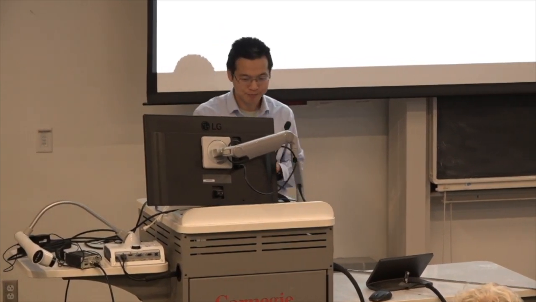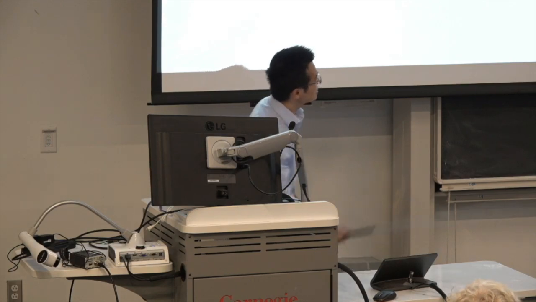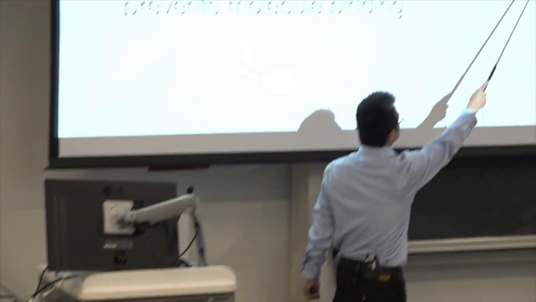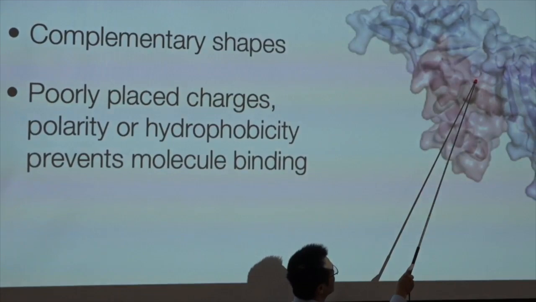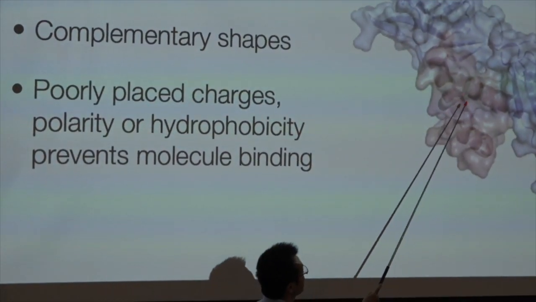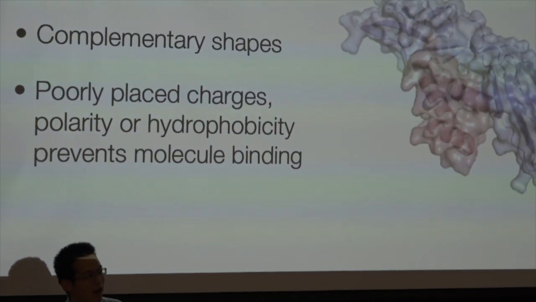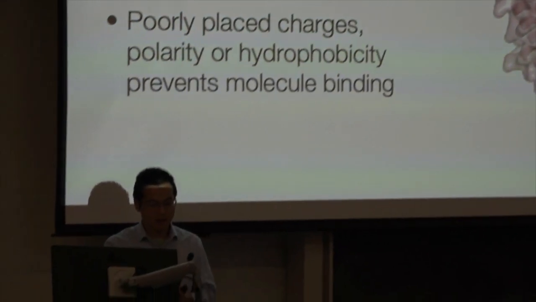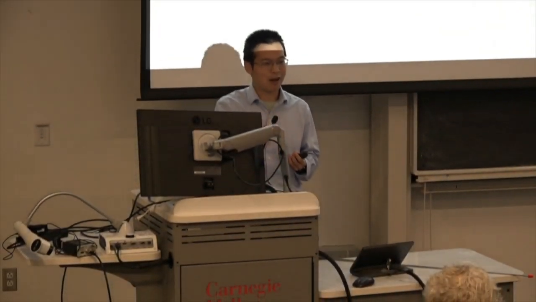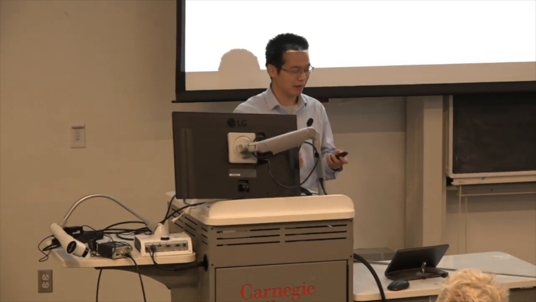So this is a strong motivation for why we can use the surface to design. Of course, it's not just the geometry. On the surface, there are also some important chemical properties, for example, the charge, polarity, and also hydrophobicity. Those will either encourage or prevent molecule binding.